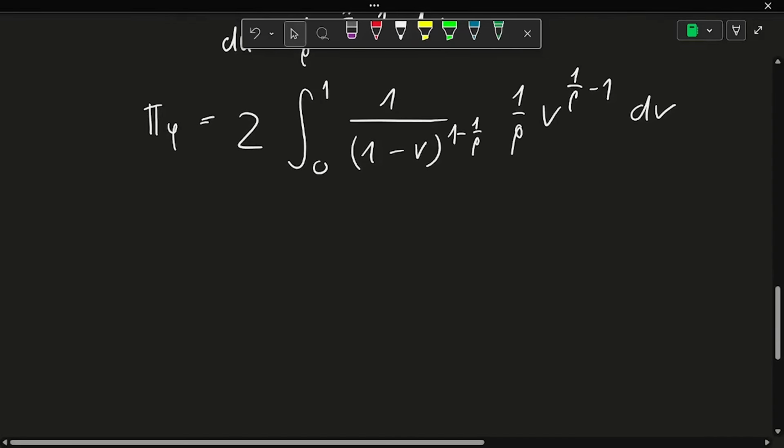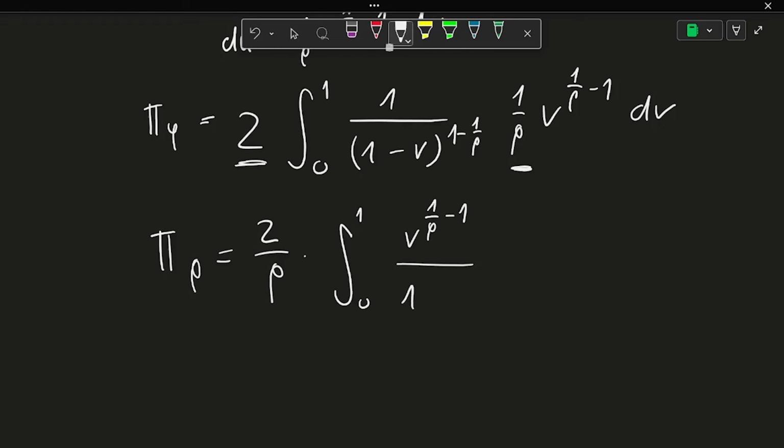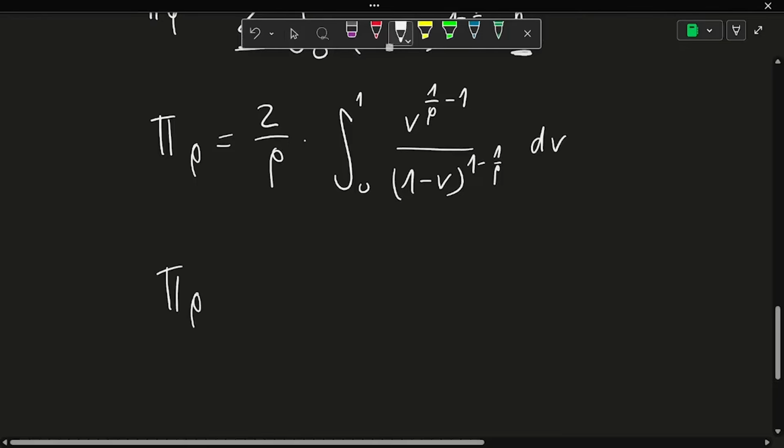Now, what we can do is take all the constants, so this here, up front, and then we can write this in the numerator. That means that pi p is just 2 over p times the integral from 0 to 1 of v to the power of 1 over p minus 1 over 1 minus v to the power of 1 minus 1 over p dv.